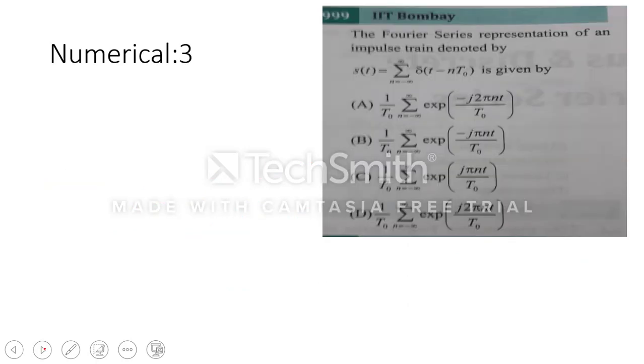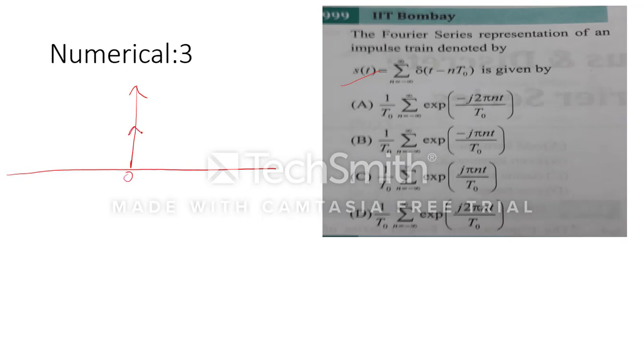Now the next numerical is the Fourier series representation of the impulse train denoted by s(t). This impulse signal is given to us and they are asking for the different values. First of all, in this numerical, we are trying to plot s(t), or we can say x(t), it is the same. If we put n equal to 0, then the impulse function will come at t equal to 0.